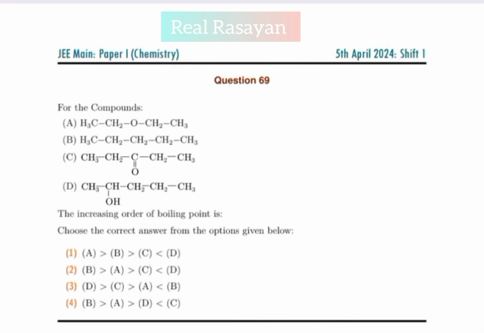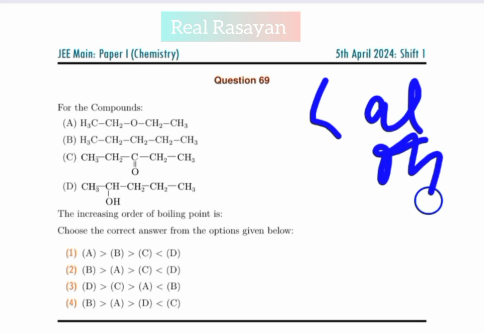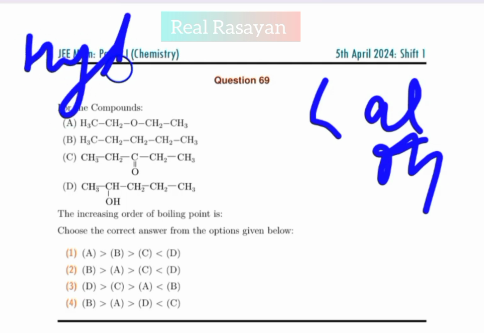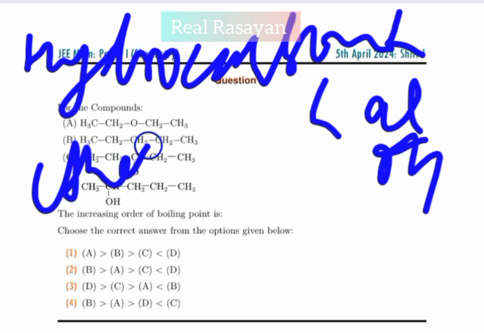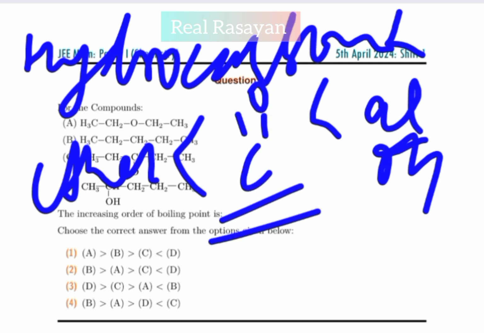Generally you can find the answer: highest for alcohol and lowest for hydrocarbon, and greater than hydrocarbon is ether, and then ketone.